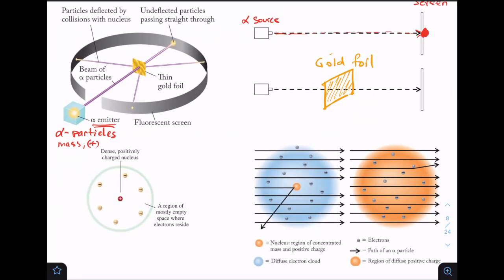So let's take a look on the right here. This is going to be our prediction, the prediction of the plum pudding model.